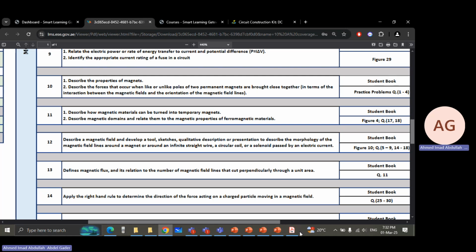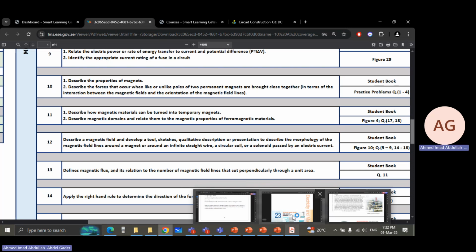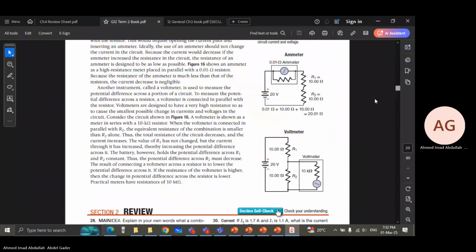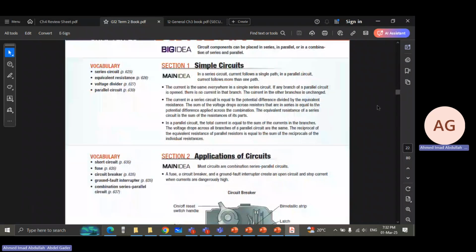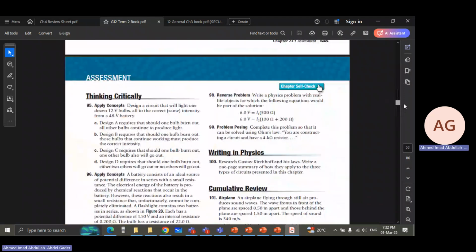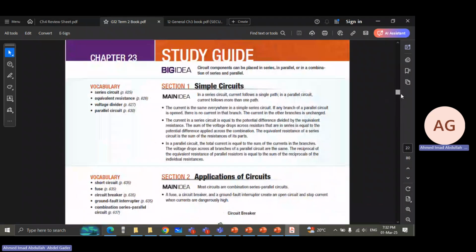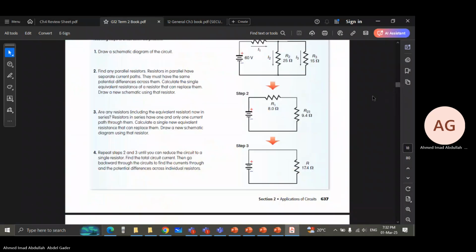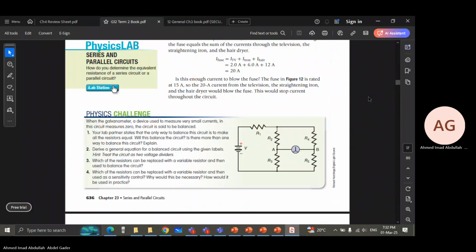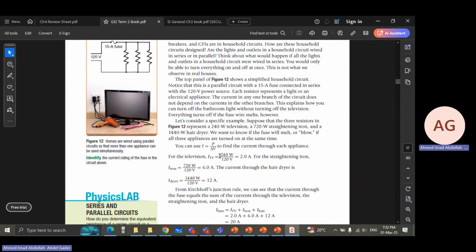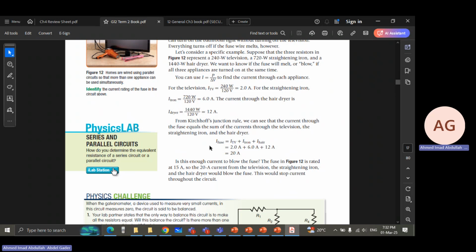There's an example I would highly suggest to you. It's in the book. Let me just recall where this example is. Yeah, this example here. It relates power to current to voltage.